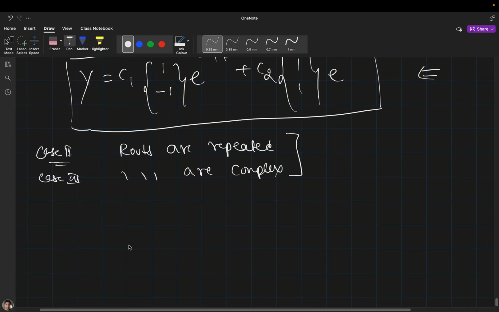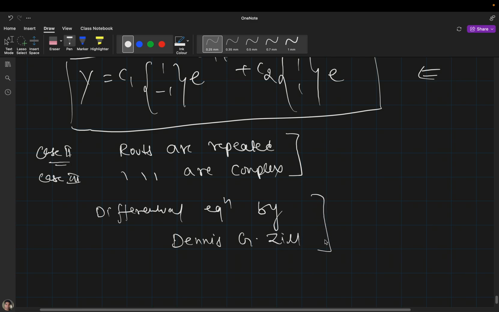I will refer one book, Differential Equations by Dennis G. Zill. You can refer to this book to get the other two cases. I'm not discussing them. Fine.